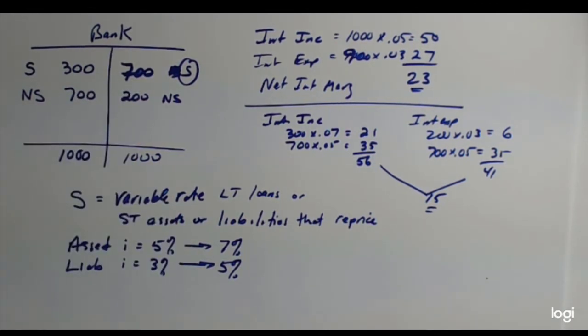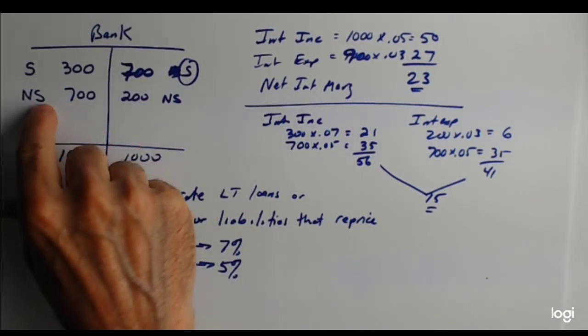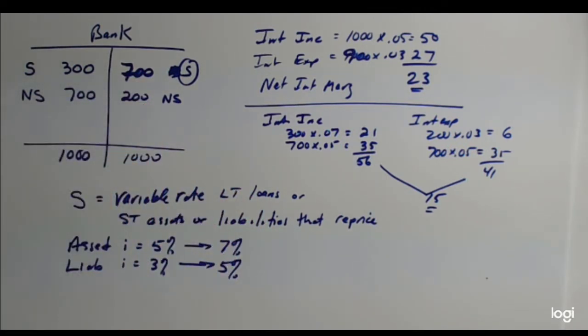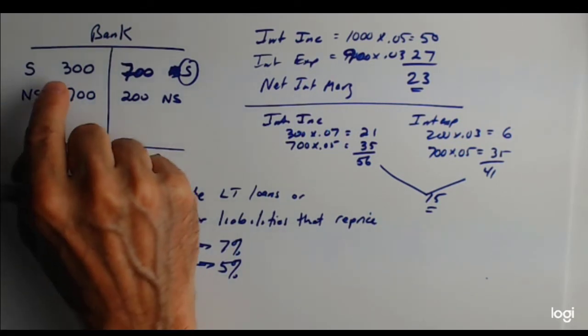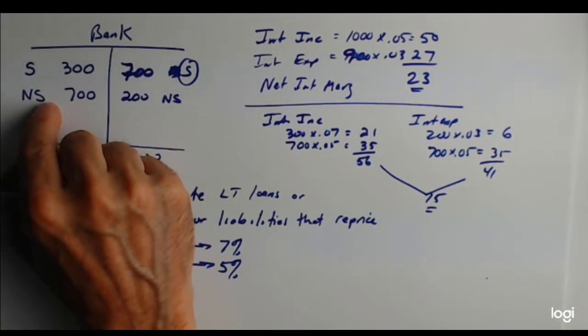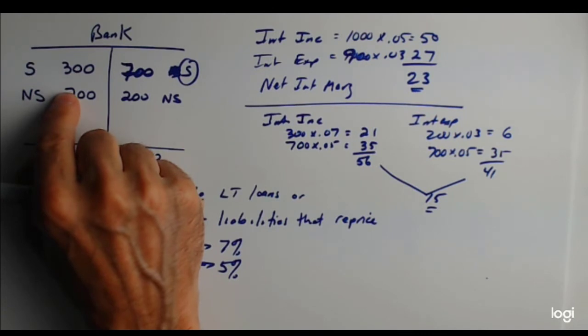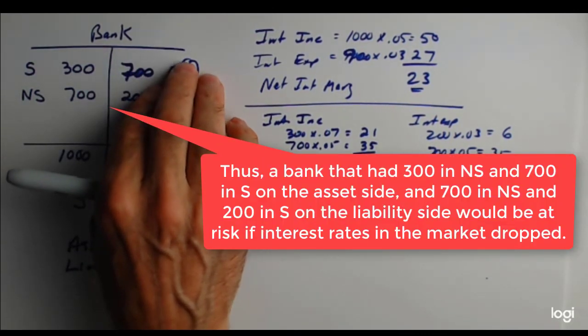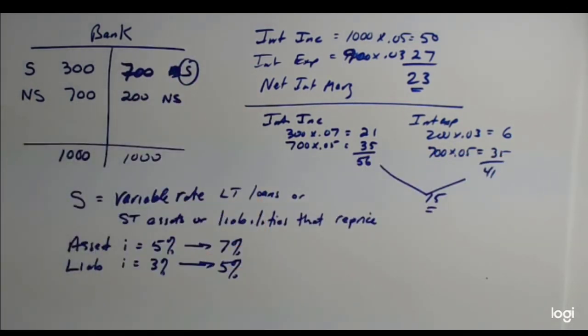Now, you could easily swap these sensitive and non-sensitive and then look at what happens when interest rates go down. When interest rates go down, the interest rate that you earn on assets would drop, while the interest rates that you're basically on average paying on this side would stay fixed, and then you're caught in a squeeze from a different angle, interest rates falling.